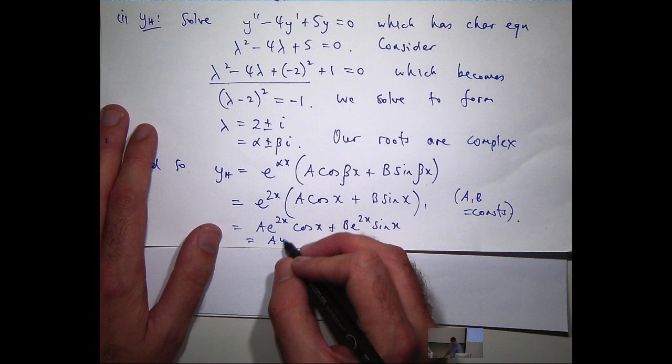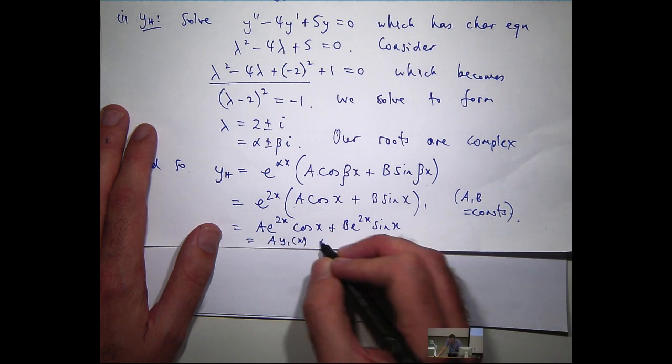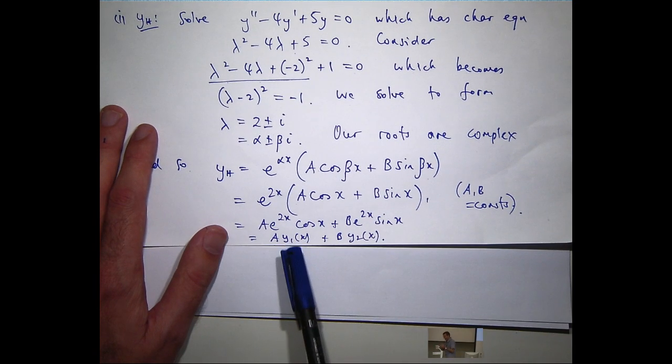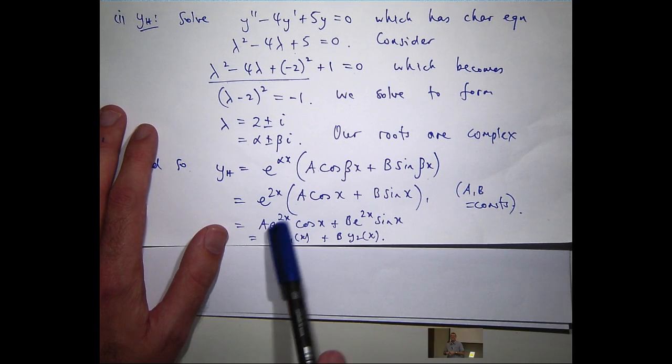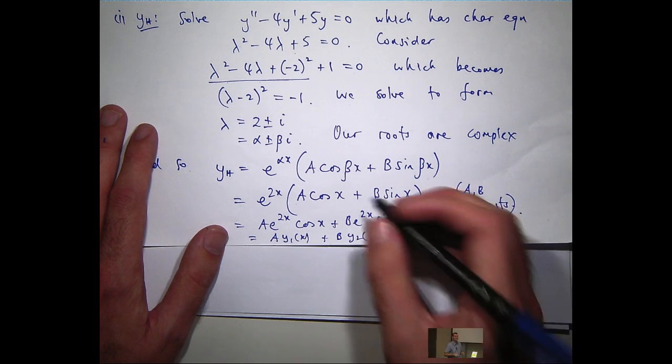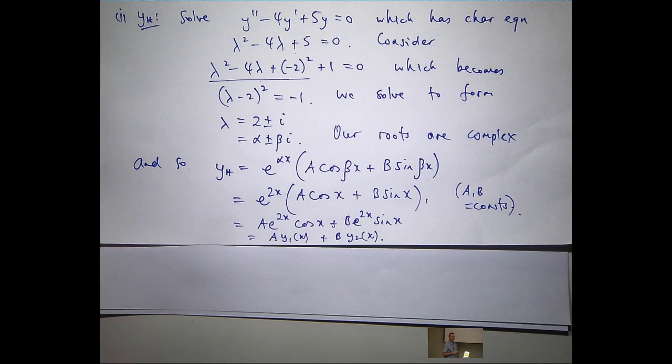So say a y1 of x and b y2 of x. So in this case, y1 I'm labelling as e to the 2x times cosine x, and y2 is just going to be labelled e to the 2x times sine x. Now, based on the y1 and the y2, we're going to use those to get our y sub p. So we're basically forming a particular solution based on the 2 parts in y sub h.